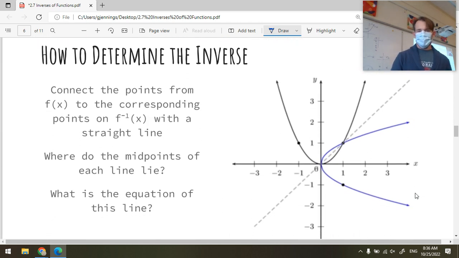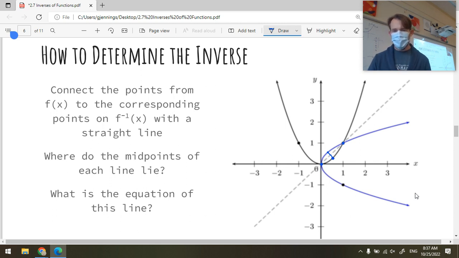If we're looking graphically, and we say this point here was on the line y equals x, and this point here was on the line y equals x, those map to themselves in the inverse. But if I take a point here and go across the function, the midpoint of that line is on the line y equals x.